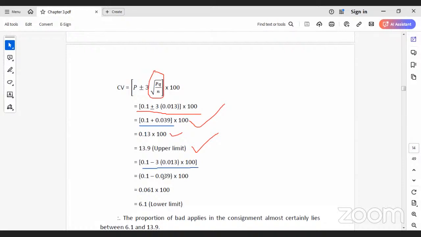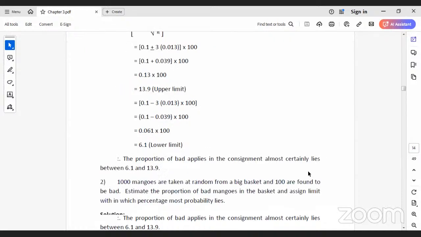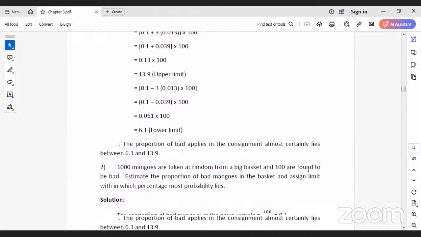That is 0.1 minus 0.039, that is 0.061 into 100. Finally, you are going to get 6.1. So this is a big number and this is a small number. So now you need to write lower limit and upper limit. Okay, are you getting my point? Yes. Okay. So here the proportion of bad apples in the consignment almost certainly lies between 6.1 and 13.9.